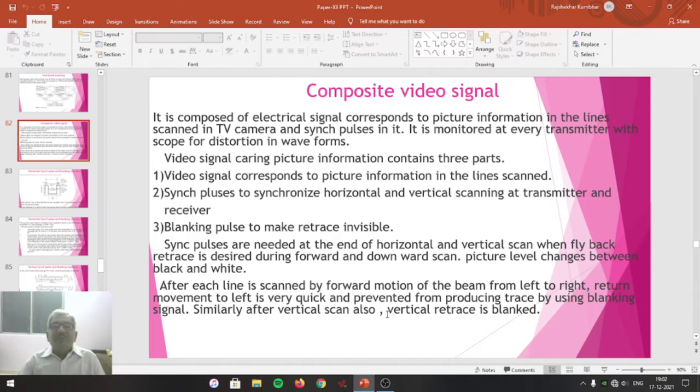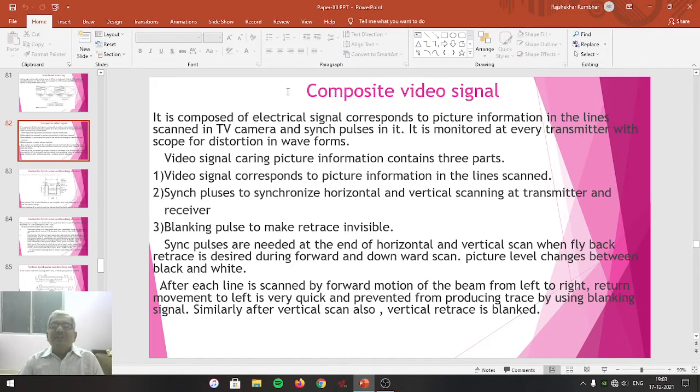If you introduce the color burst pulses of 4.8 MHz, then the combination of picture information, sync pulses, blanking pulses and color burst signal together is known as color composite video signal, that is CCVS. Friends, in today's lecture we are going to study the concept of the composite video signal.